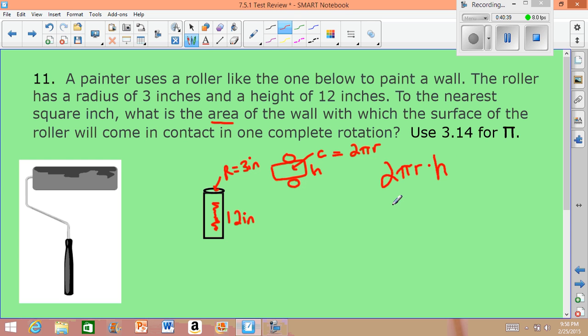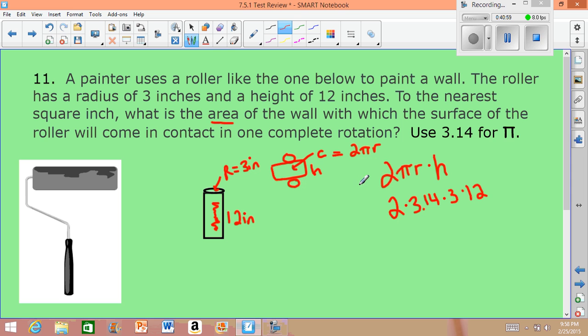So now all we have to do is plug in our information. So we have 2 times 3.14 times our radius, which is 3 inches, times the height of our whole cylinder, or our paint roller, which is 12.